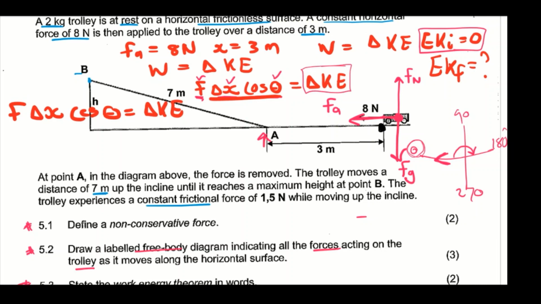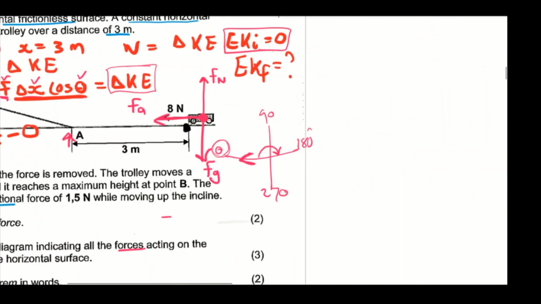The force is equal to 8, multiplied by a distance of 3, cos of 0 degrees, which is equal to the final kinetic energy, 1 over 2 mv squared final, minus initial, which is 0, right? So we're just going to substitute the mass of the trolley, which is 2 kilograms.